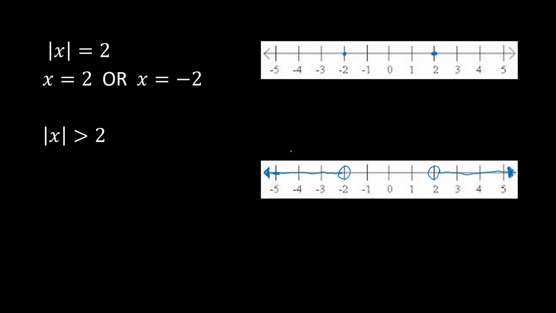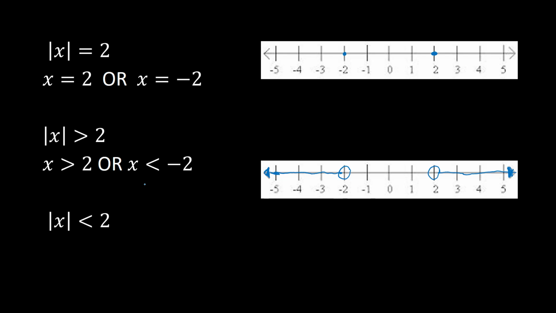And notice how we can also write this using algebra instead of graphing. We could write this as a compound inequality. We could write this as x is greater than 2 or x is less than -2. This would be the same graph as x is greater than 2 or x is less than -2.